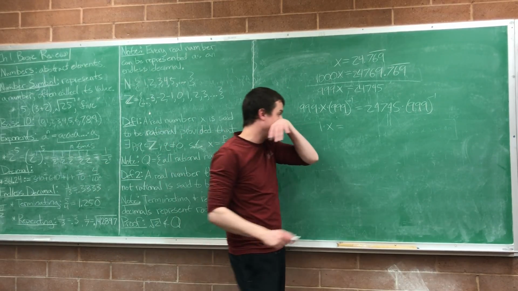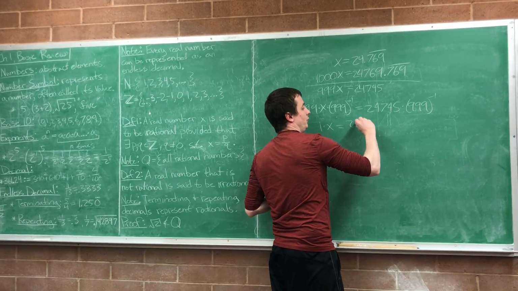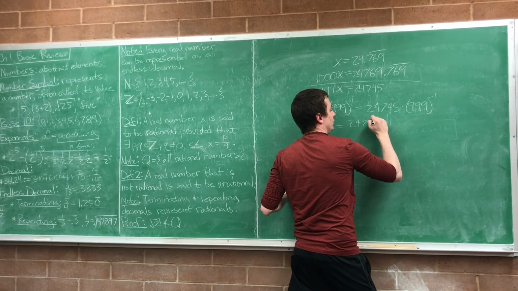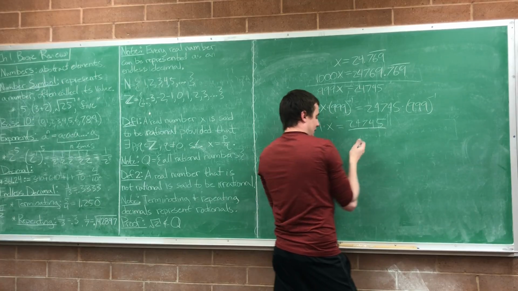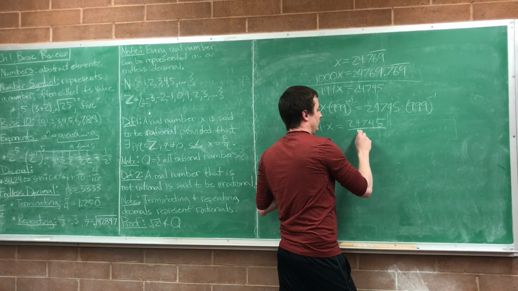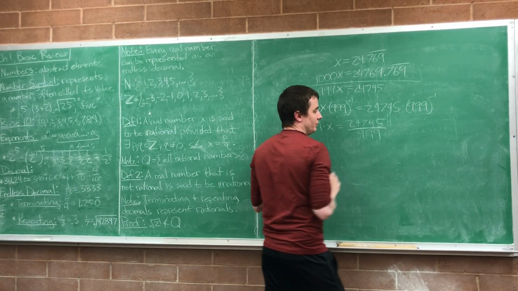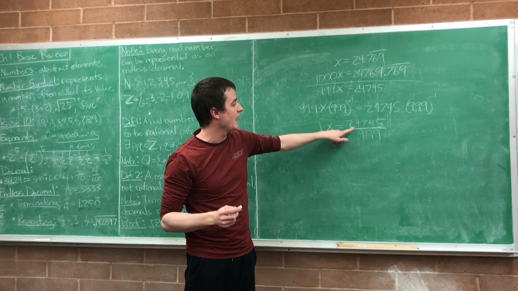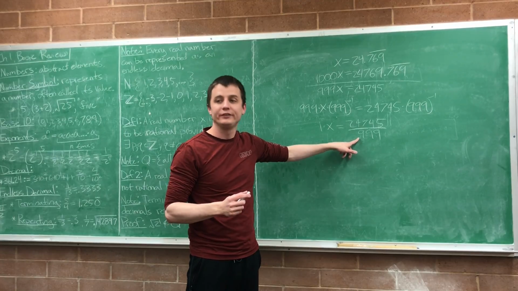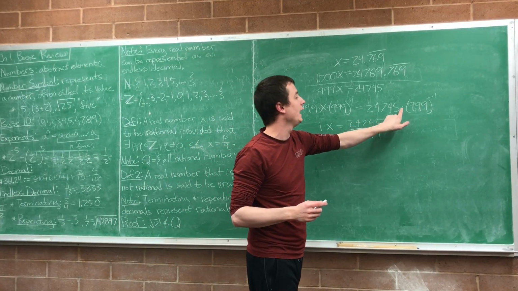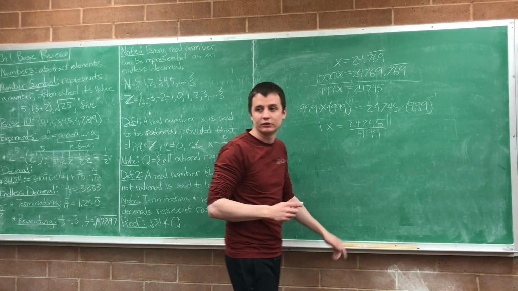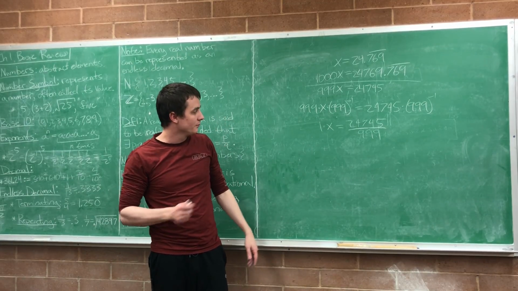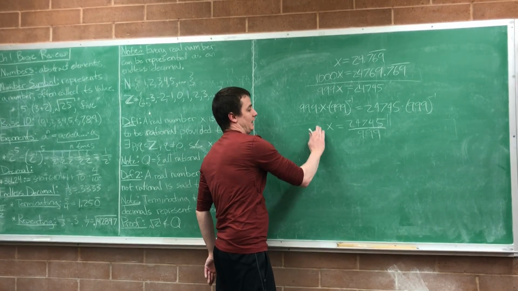So over here I'm left with 1 times x is equal to, this I can rewrite using our definition of division, as 24,745 divided by 999. That's what we meant by division. 24,745 divided by 999 was the exact same thing as 24,745 times 999's multiplicative inverse, by definition. And so 1 times x, that's the same thing as x.